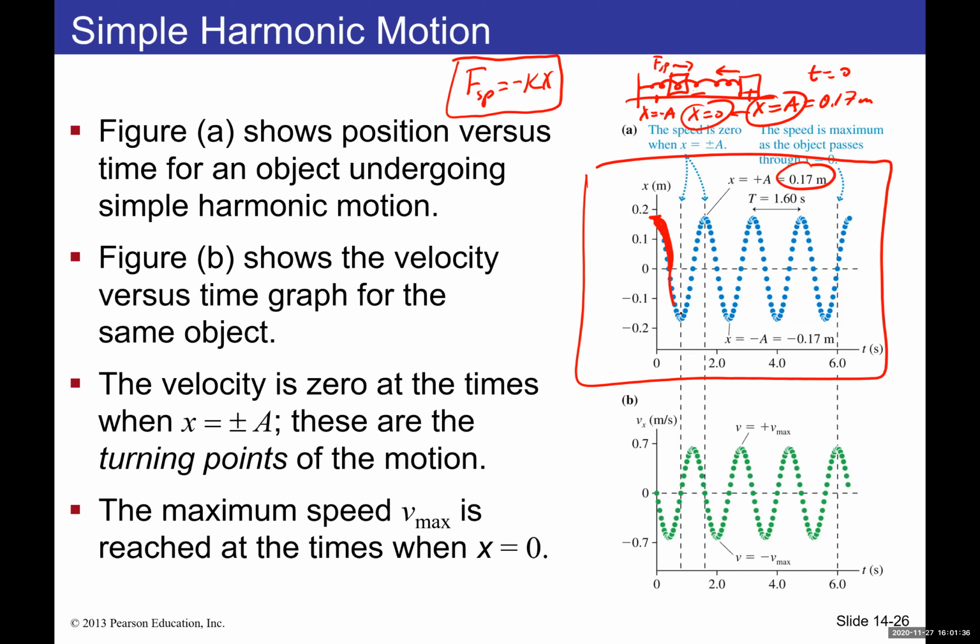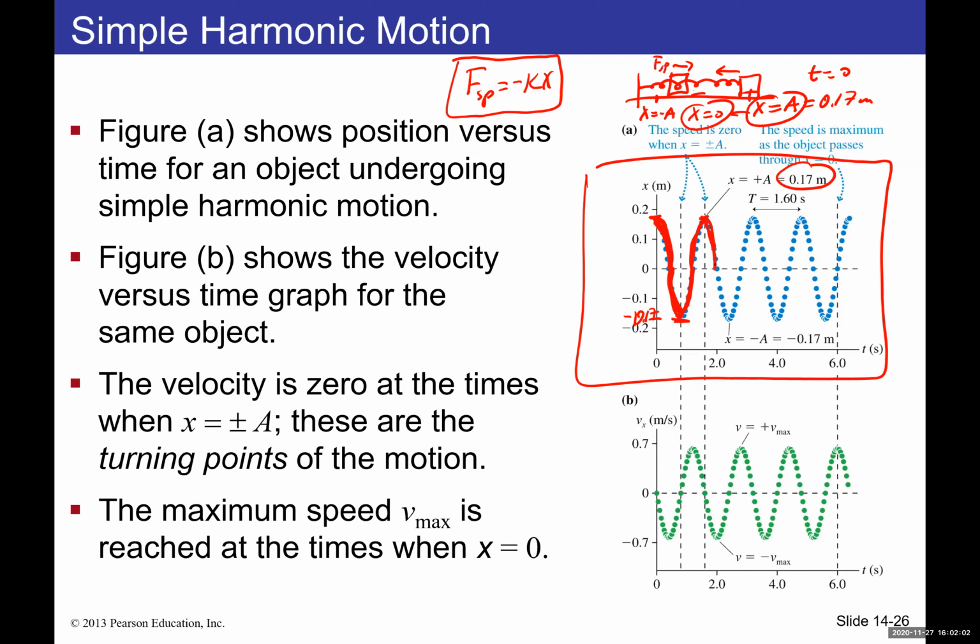This is the graph for slowing down going to the left, and it stops exactly at negative 0.17 meters. Then the force makes it speed up all the way to equilibrium. This is the graph speeding up toward the right. As soon as the system passes equilibrium again on its way to positive A, it slows down until it stops at A. And then again, after that, it repeats.